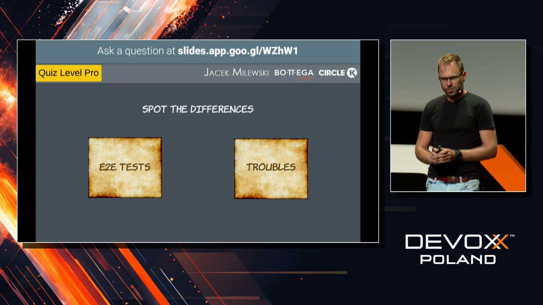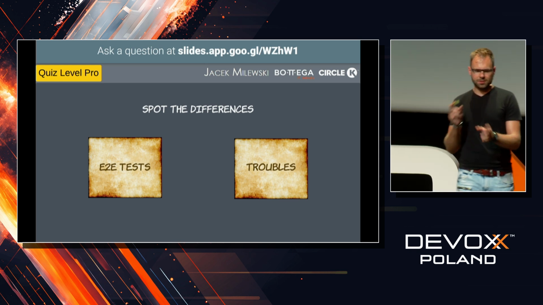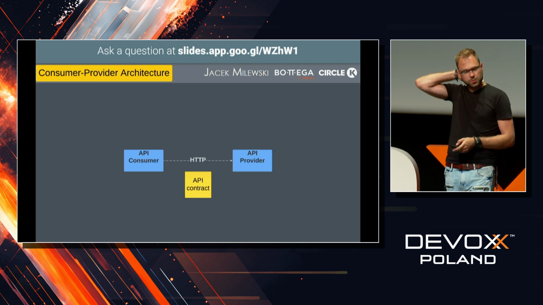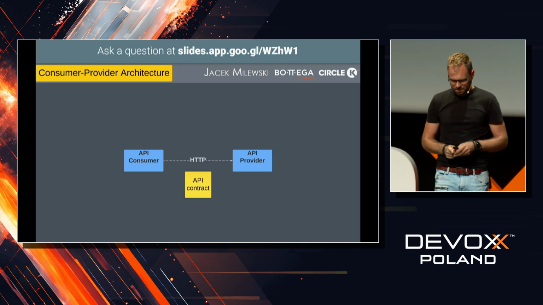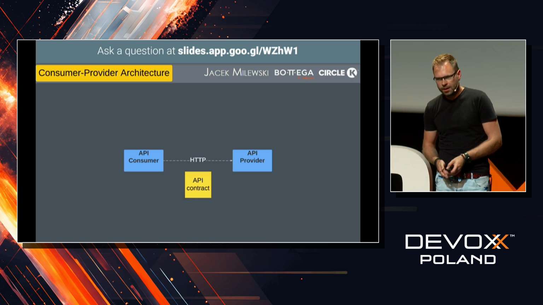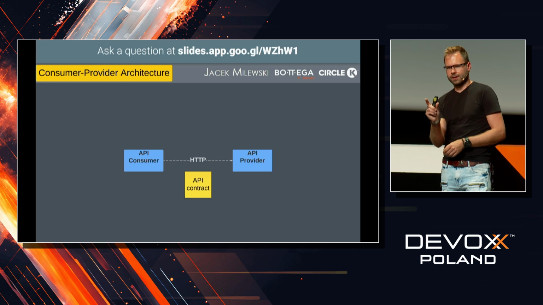Do we really have to deploy to the environment to check whether my systems can communicate? The scope of end-to-end testing is pretty big, but if we take the smallest part of it, like two services interacting, we have an API consumer and an API provider interacting via HTTP. So they have a contract.